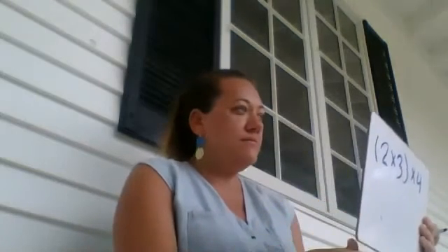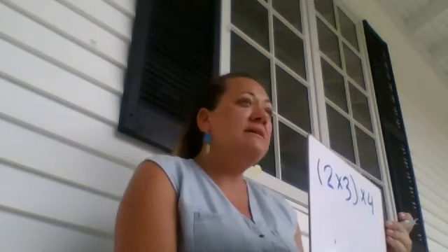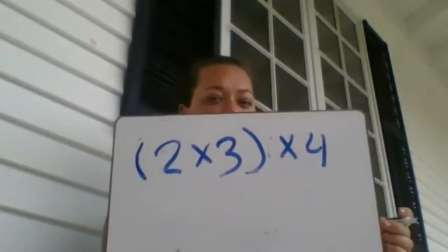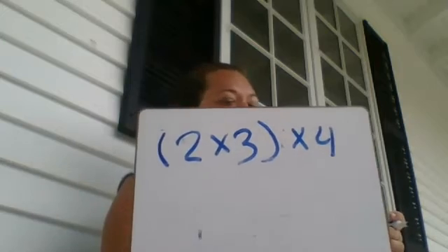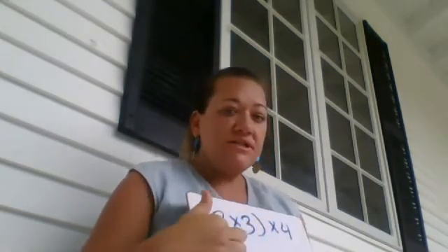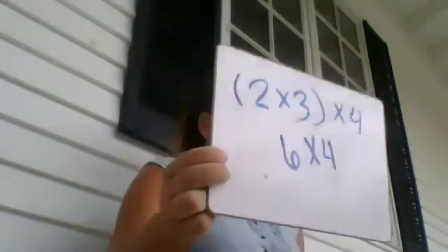It's important to pay attention because you're going to be doing this on your own after this. We have to do the math in parentheses first. What is 2 multiplied by 3? It's 6. Now we have 6, and we're going to multiply it by 4.